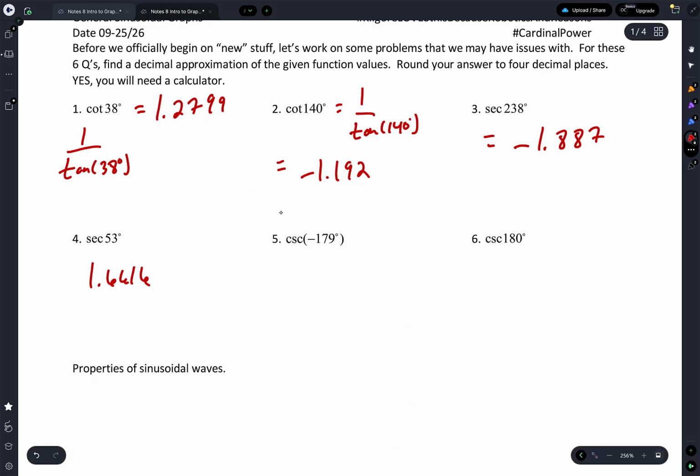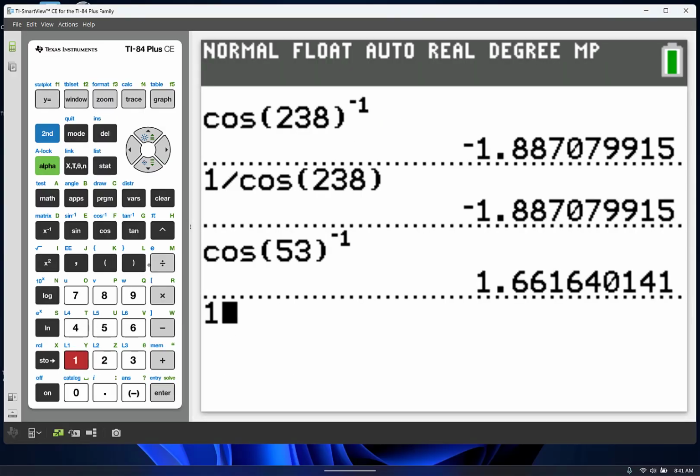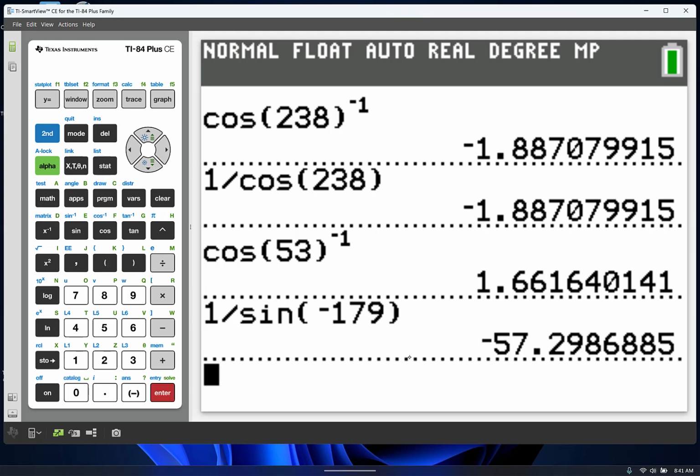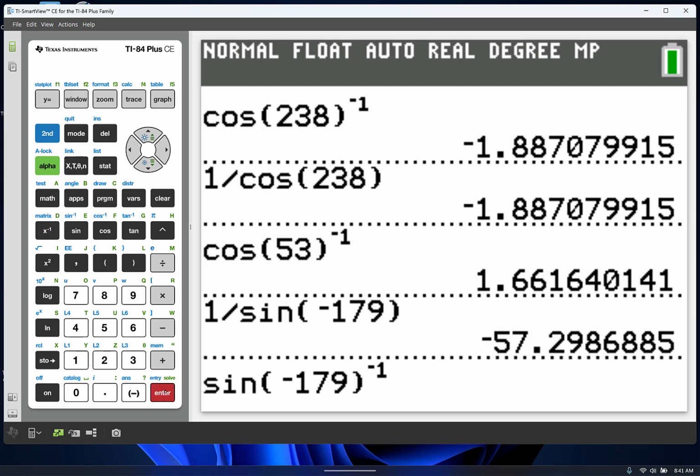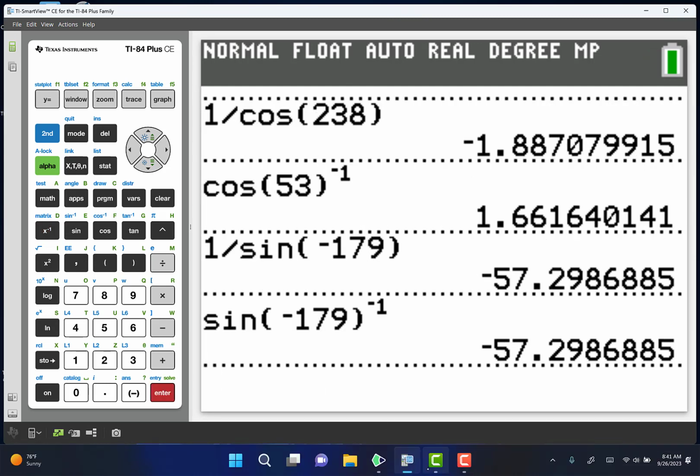Cosecant is the reciprocal of sine, so it's going to be negative. I write 1 divided by sine of negative 179, push enter, and you get that number. You could also have done sine of negative 179 and pushed the little reciprocal button, and you would have gotten the same thing. Negative 57.2986 or 2987.